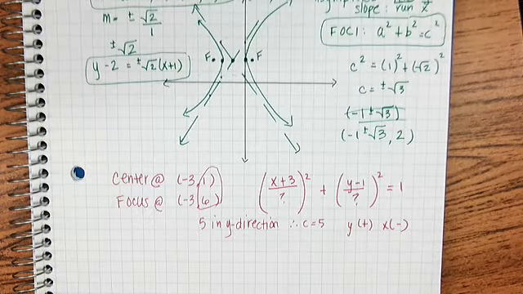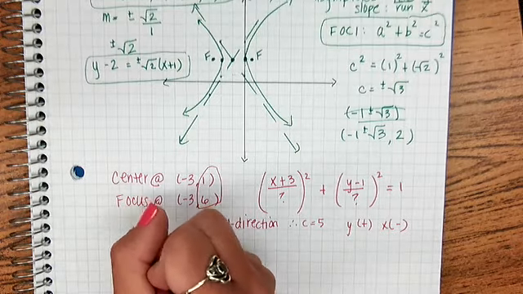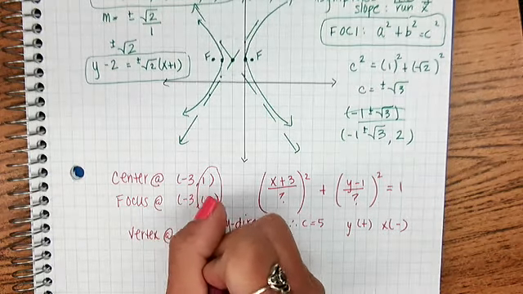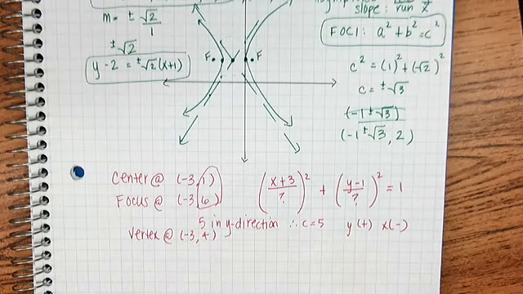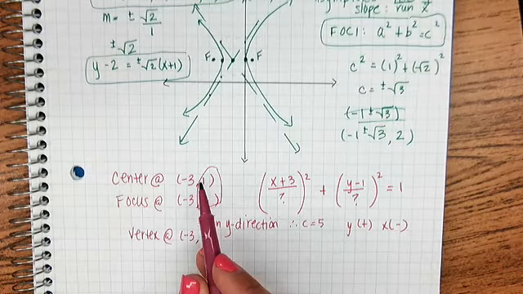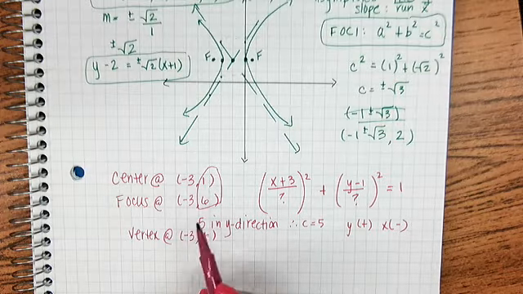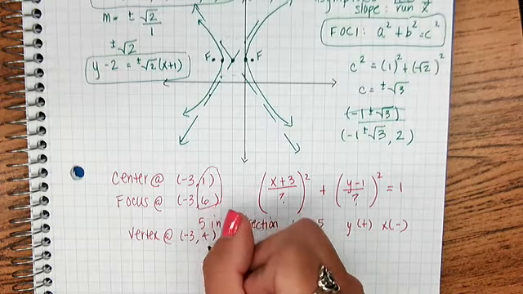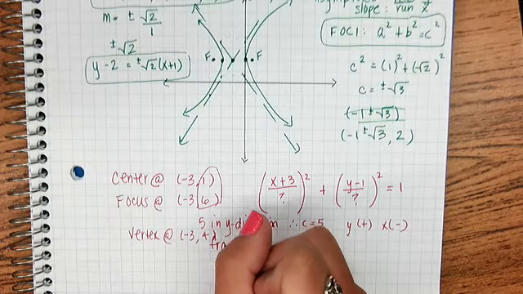There's a vertex at -3, 4. From the center, x stays the same. 1 to 4 is 3. So let me write this down.